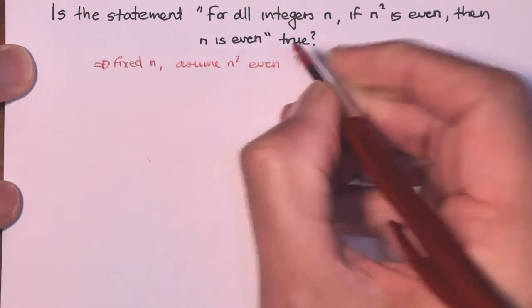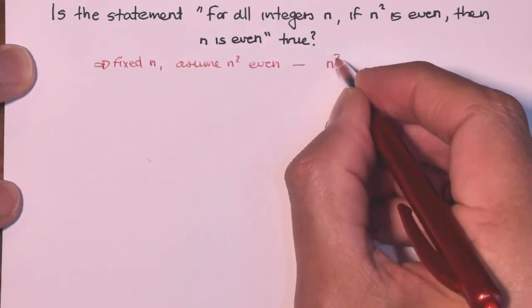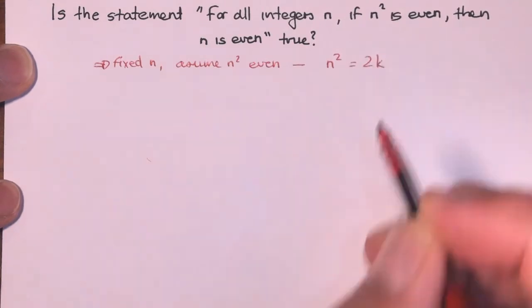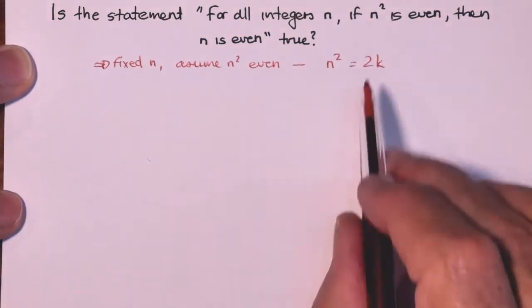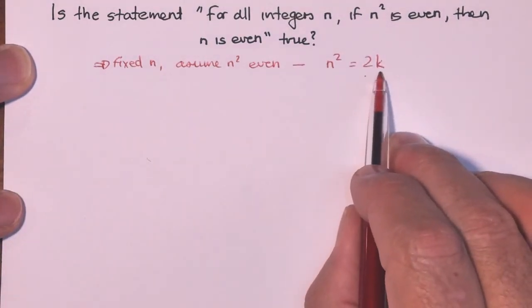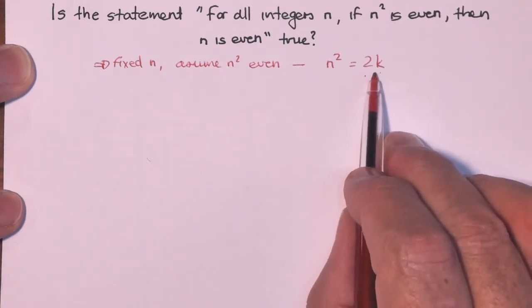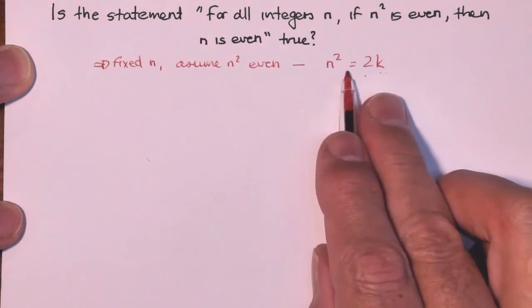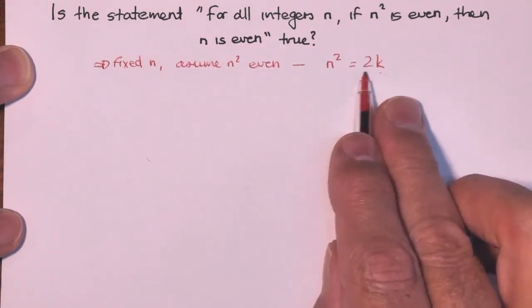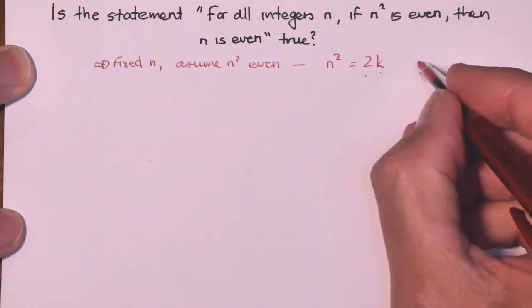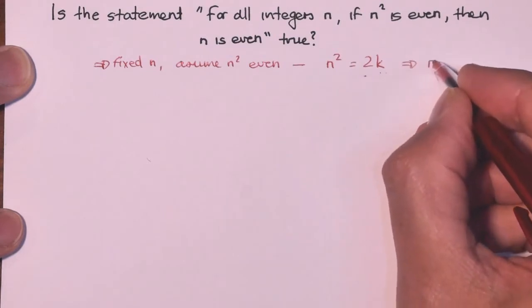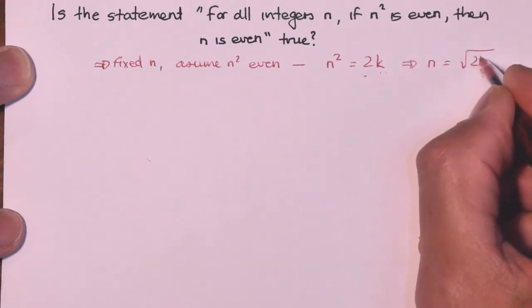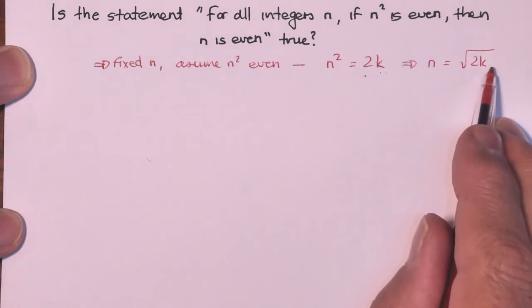Now what does that mean? That would mean that n squared can take on the form of any even number, which is twice an integer. It's a multiple of 2. But now what does that tell us about n? Well, I don't think it tells us anything about n, because if I want to say something about n, I need to work on that side with the root of it.